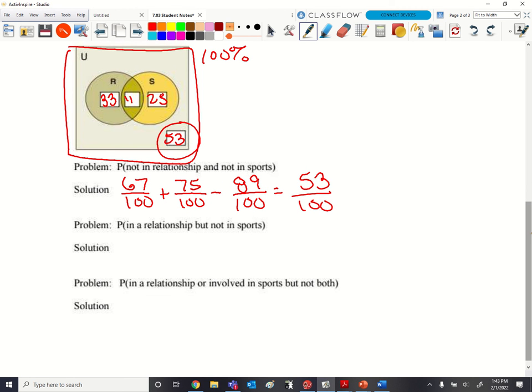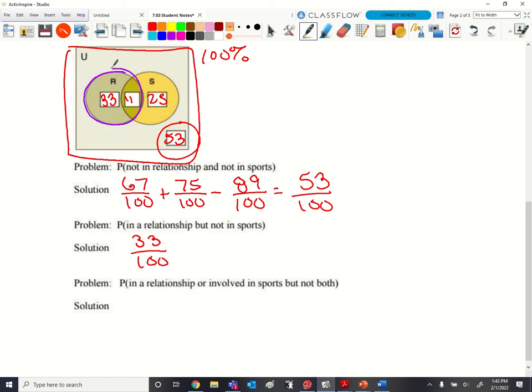Okay, in a relationship but not sports. What's the percentage in a relationship? 33. Not sports. So if I'm looking at my Venn diagram here, the relationship is here, right?